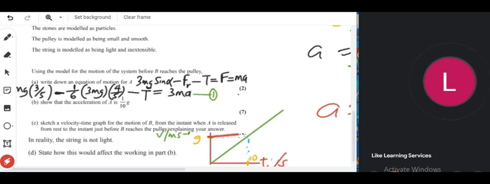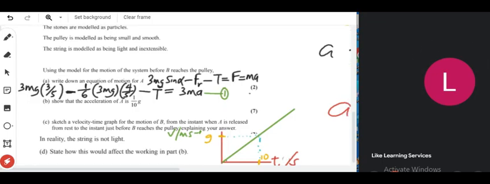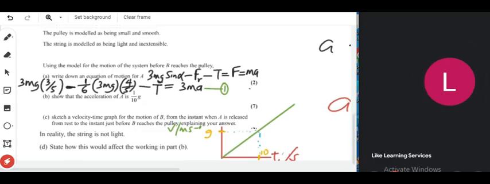So now g has to be here and 10 has to be here, so that the gradient, which is rise over run, gives 10 over g, or rather g over 10. We are given that the gradient is g over 10, or 1 over 10g. Here being 10 for the time axis, here being g for the speed axis.